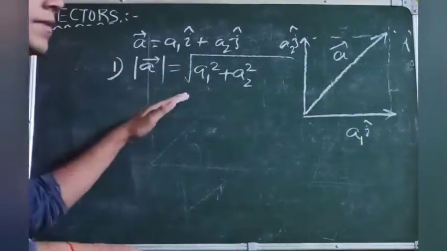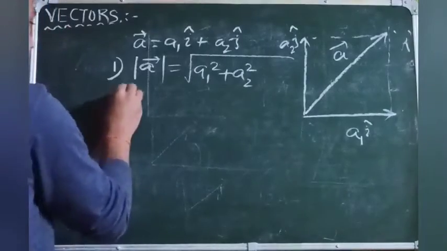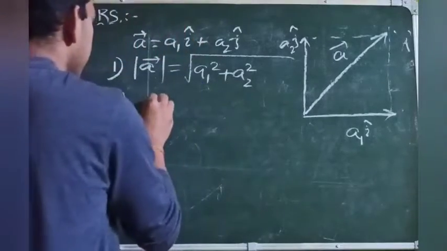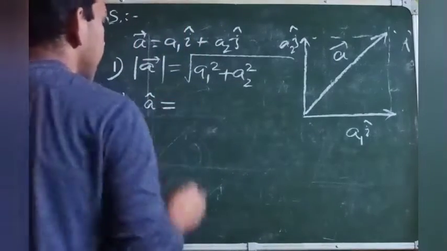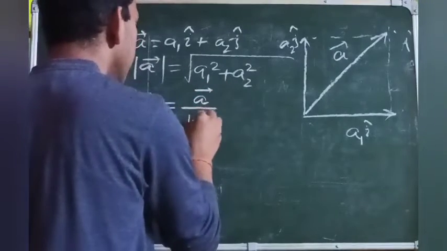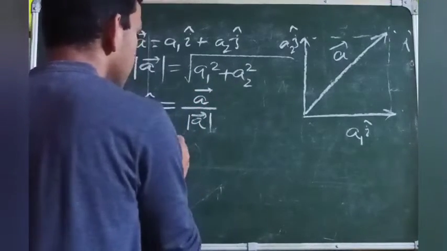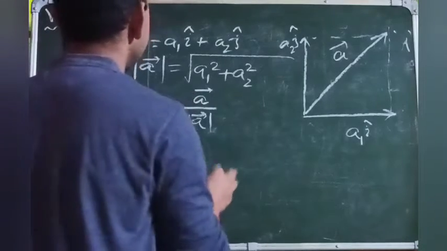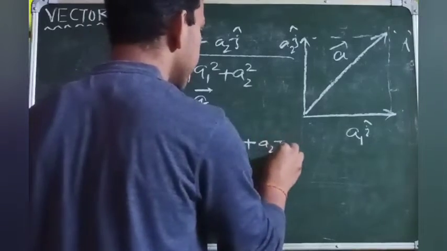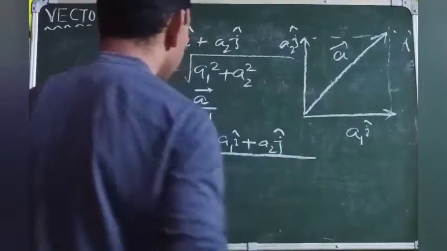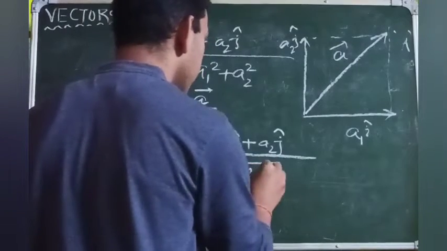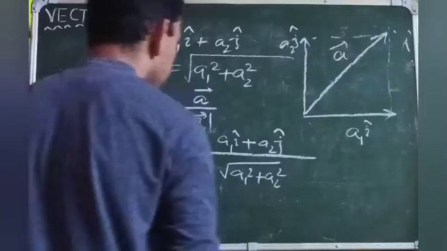So from here we can derive this expression, and the unit vector along a vector, that is a cap, can be given, as we have already discussed, as a vector upon magnitude of a vector, which can be written as a1 i cap plus a2 j cap divided by magnitude of a vector, which is root under a1 square plus a2 square.